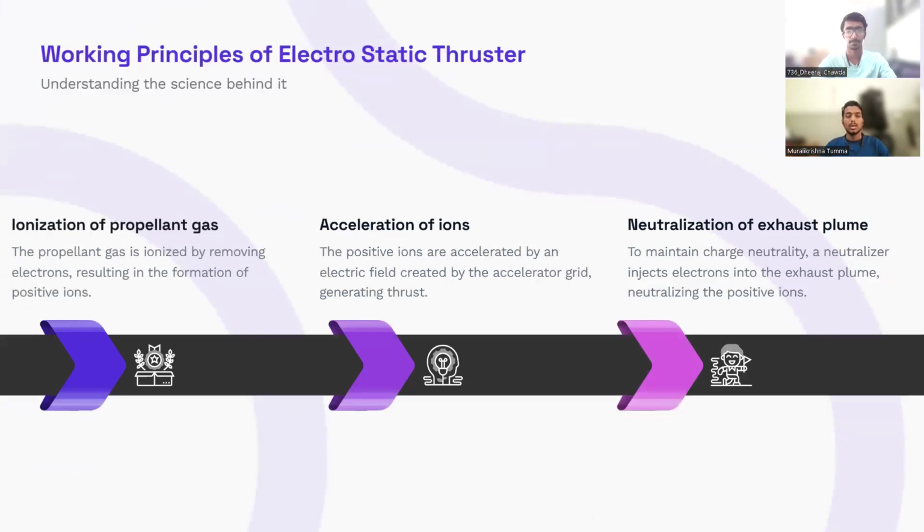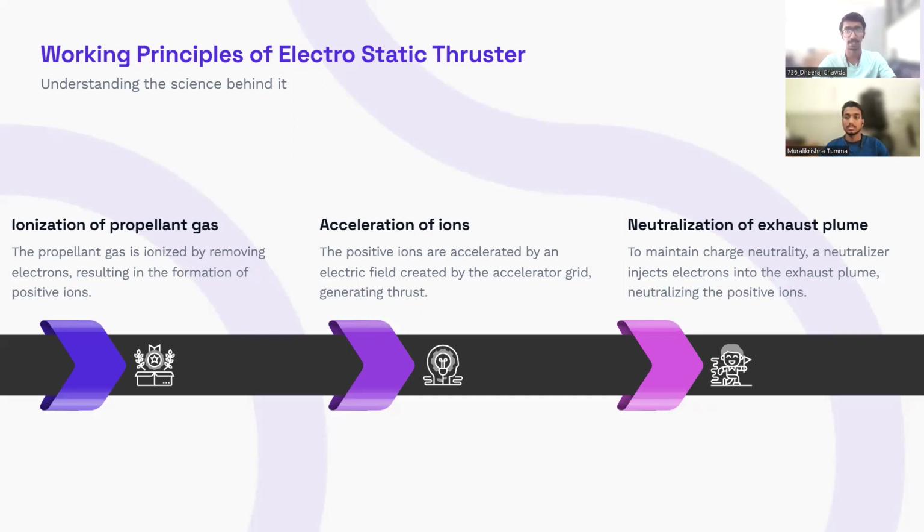Dheeraj, can you explain what is the basic working principle of electrostatic thruster? Sure, Murli. It is very simple. First, as you told, we use noble gases as our propellant gases. That propellant gas is ionized, that is the ionization of the electrons and the formation of positive ions.